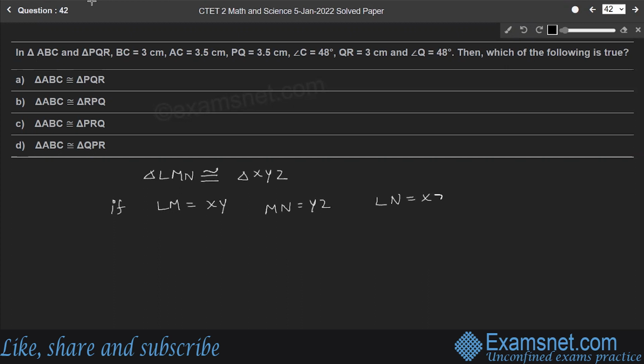Look at the order: LM, XY, MN, last two letters YZ, first and last letter LN and XZ.